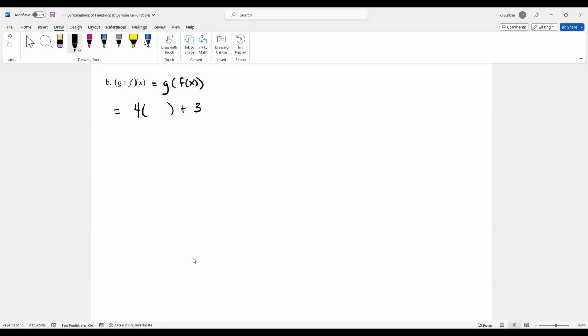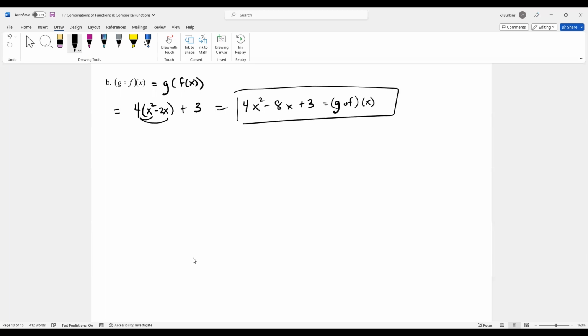And inside the parentheses, we're plugging in the function f, which was x squared minus 2x. Here we will multiply the 4 through. And there are no like terms, so this is as far as we can go. This is g of f of x. It's another polynomial, so its domain is minus infinity to infinity.